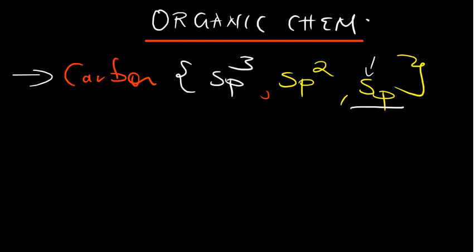So, basically, how do you get to look at the hybridization? You look at the number of bonds or connections that carbon is connected to. That's what determines the hybridization. And the fact that carbon has 4 valence electrons, right? Do we understand that?